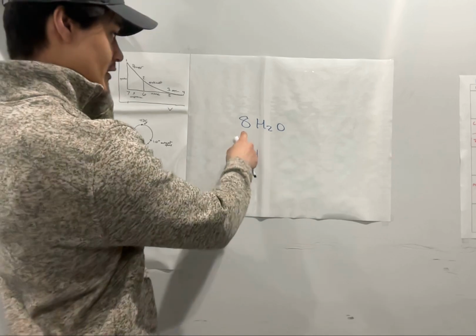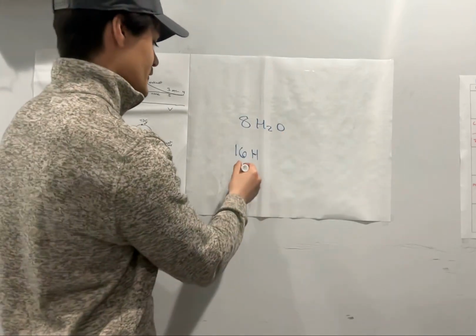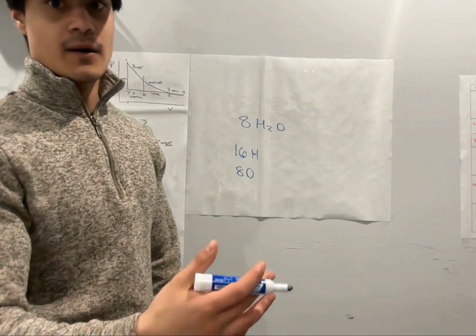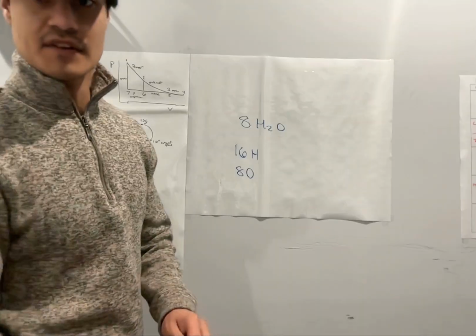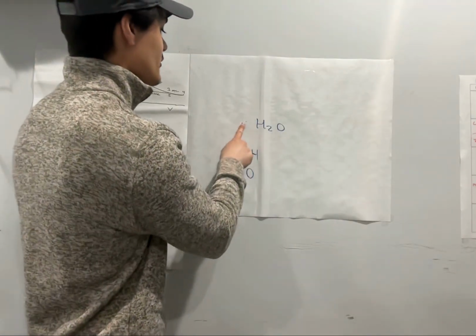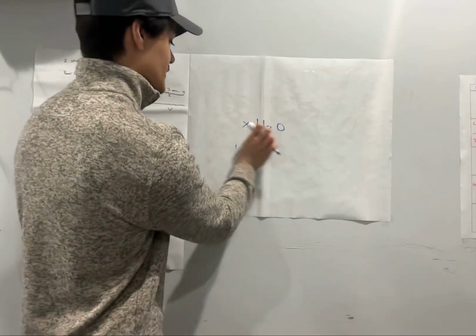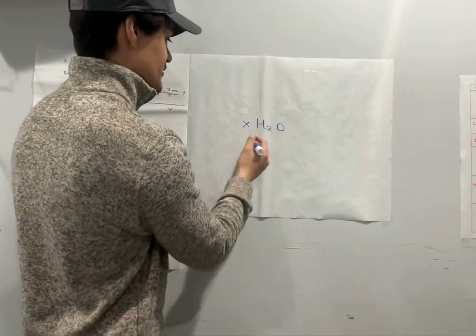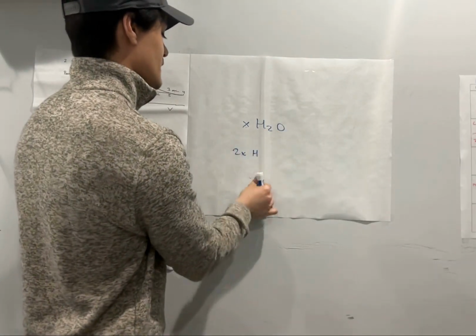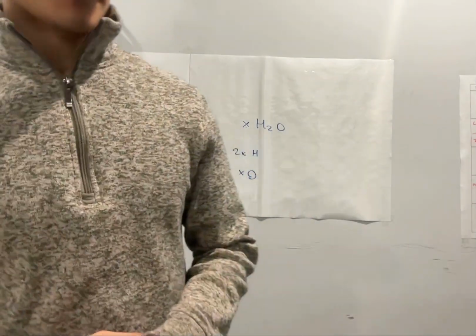So that means I also have 8 oxygens, and there's no number here, so it's just 8 oxygens. But for balancing these equations, I'm typically going to have a variable here. So let's say x. That means in this case I have 2x hydrogens and x oxygens. That's just the basics.